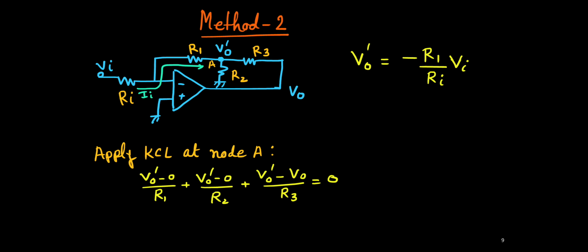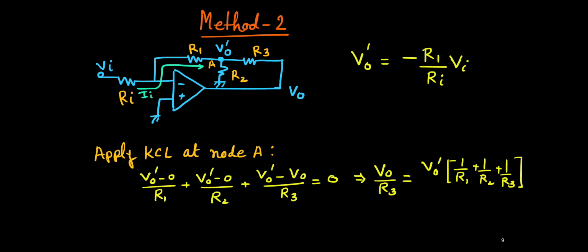V0 prime minus 0 upon R1, because this is virtually grounded, so V0 prime minus 0 upon R1, this current, and this current is V0 prime minus 0 upon R2, and this current is V0 prime minus V0 upon R3. That equals 0.